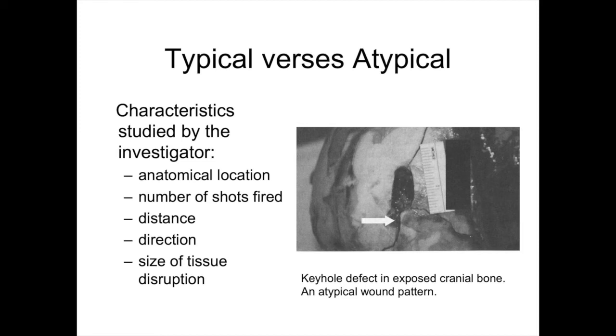We would interpret this a little bit differently in terms of what kind of characteristics we are studying. But when it's typical, we start out with anatomical location, and we examine the wound, we examine the damage to soft and hard tissue, and record as much as we possibly can.